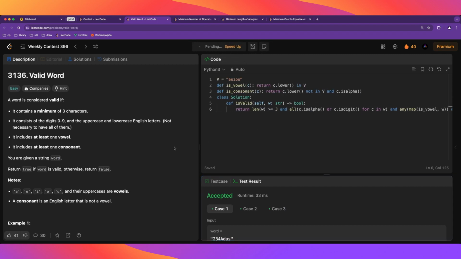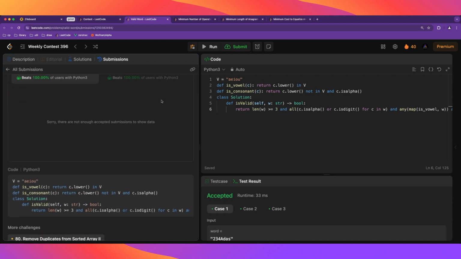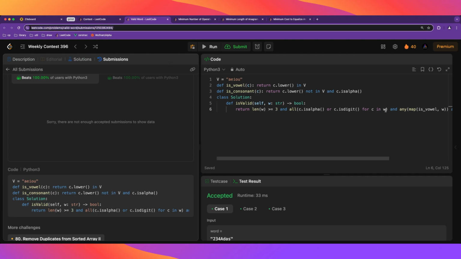So it's pretty much translating what we're told into code, right? And knowing our libraries.